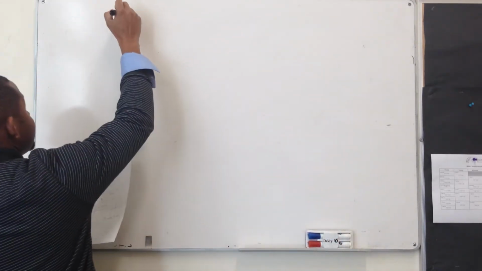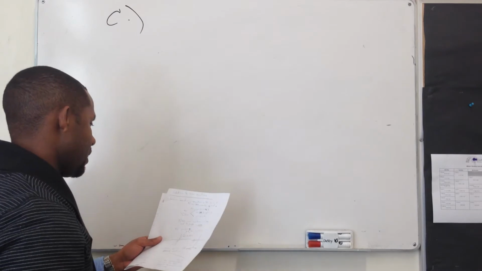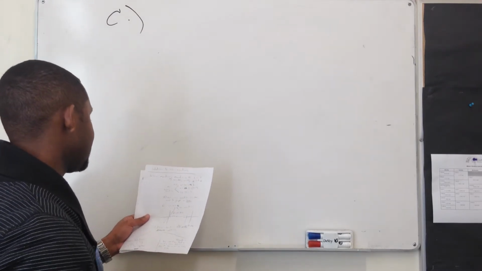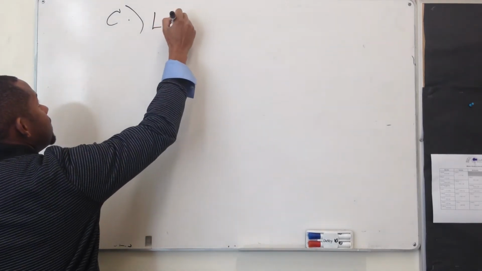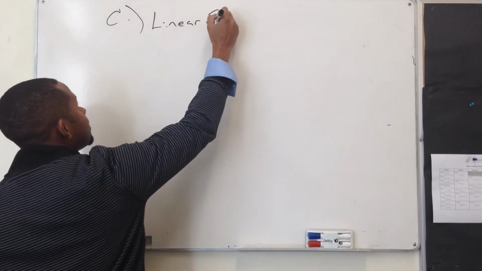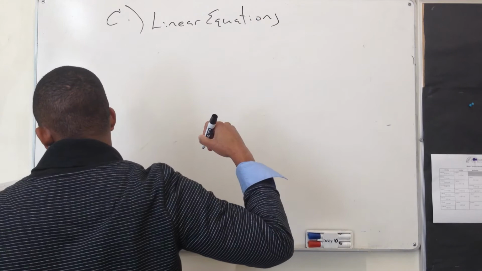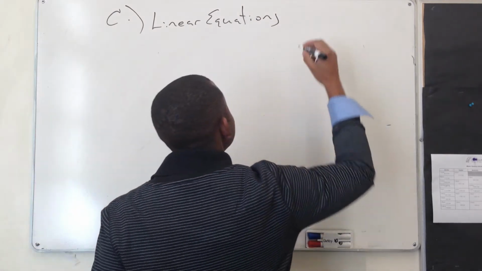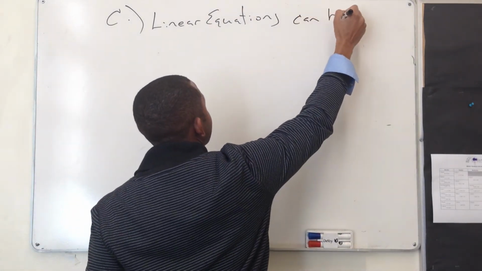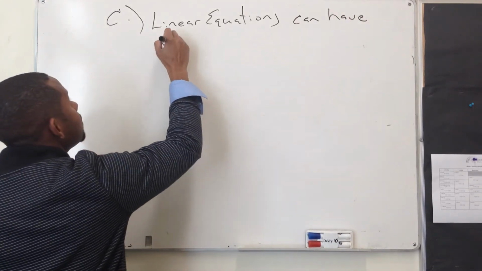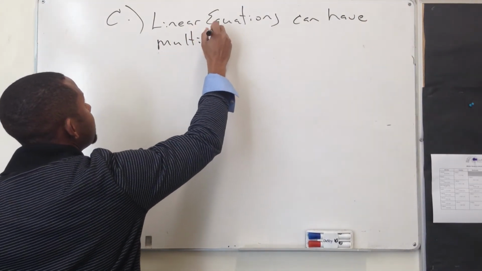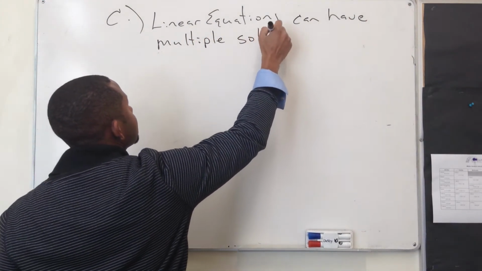Let's go to C. We had A, B. Now C says linear equations can have multiple solutions.